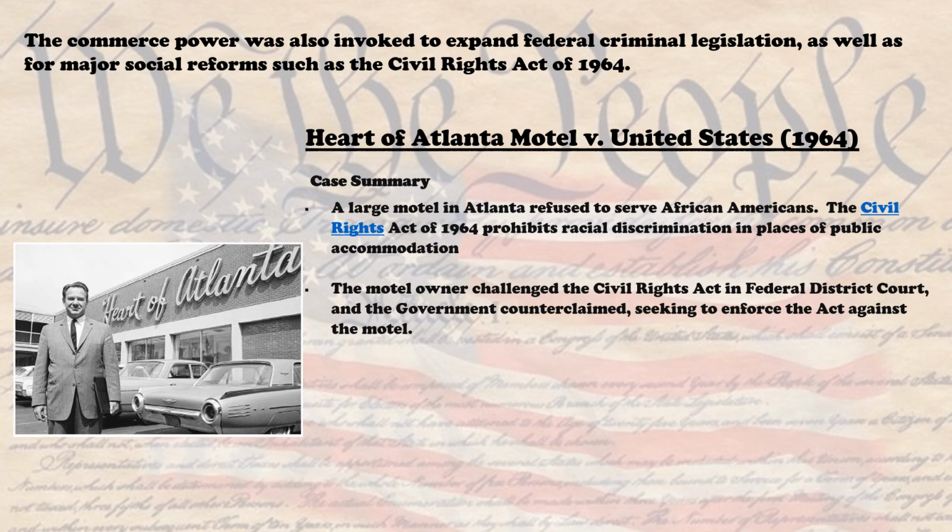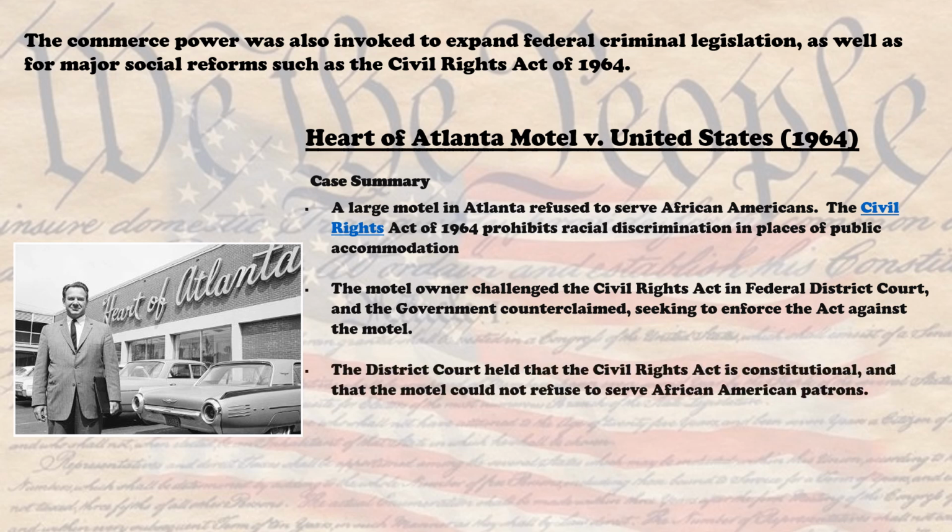It was an Atlanta-based motel, and it was only operating in Atlanta, which is only in the state of Georgia. Now, the district court held that the Civil Rights Act was in fact constitutional and that the motel owner could not refuse to serve African American patrons.